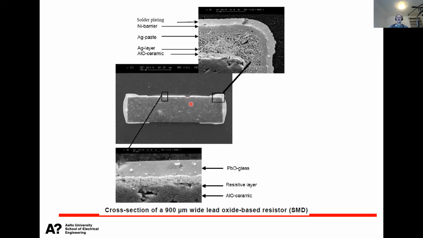In fact, even though the cost of this component could be something like 1 cent, 2 cents, or 3 cents, depending of course on how many you are purchasing, still every component has been trimmed. What is actually happening in the trimming is that in situ, the system is measuring the resistance value.